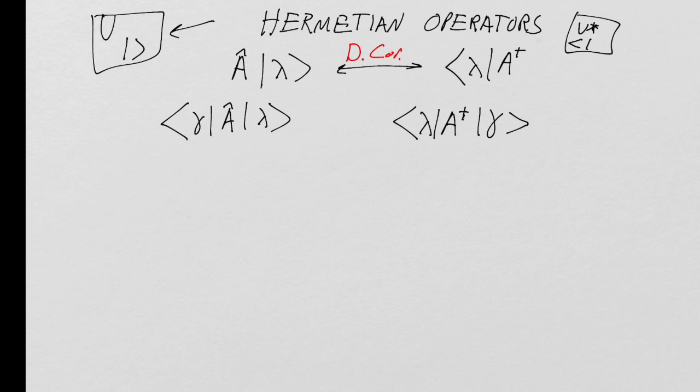Now, are these two things equal? Well, what would we have over here? We would have gamma times a Ket we called B. And by definition, we know that this is the dual of B, so we have B gamma. And we know the rule is that when you flop the bras and Kets around, you have to take the complex conjugate. So those two are not equal. They differ by a complex conjugate.